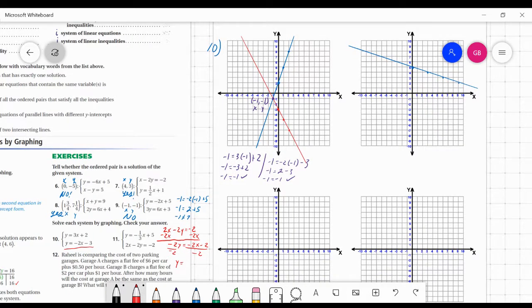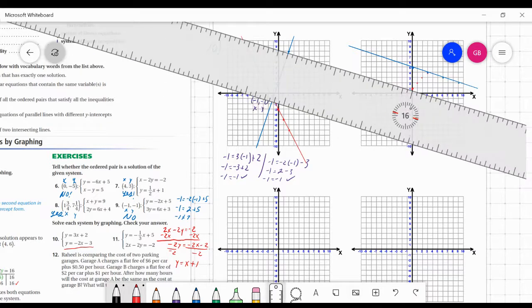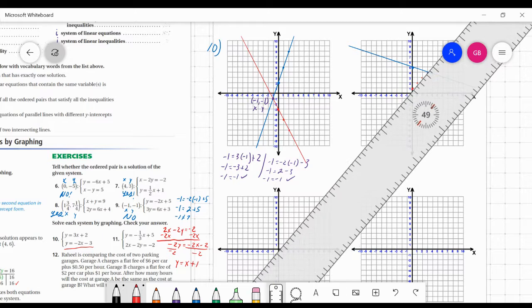So y is -2 divided by -2, which is just positive, x plus 1. So the y-intercept is 1 and up 1 over 1, up 1 over 1. There it is. Here's my line.